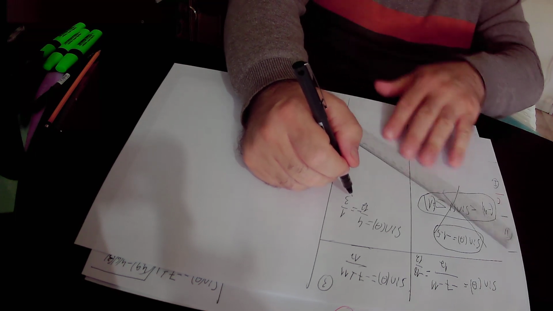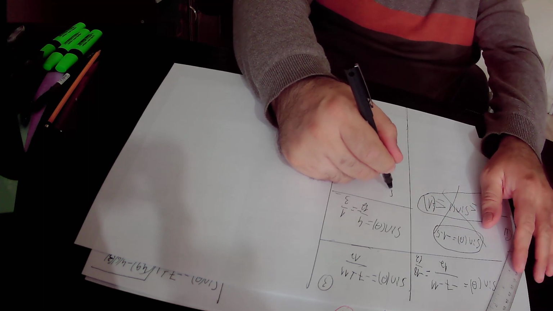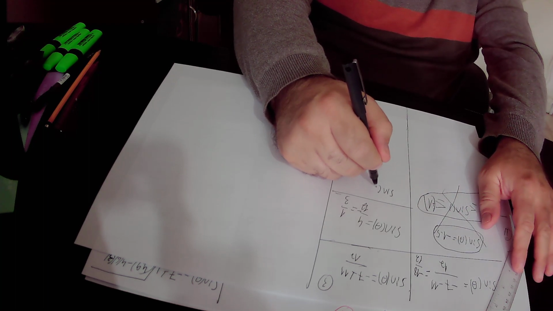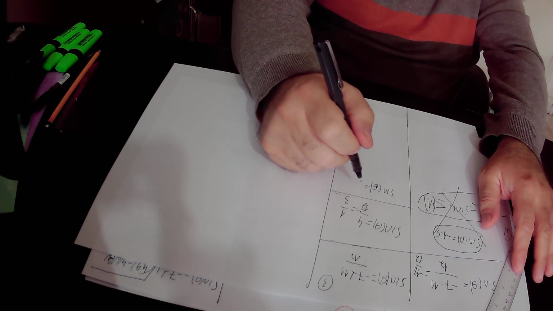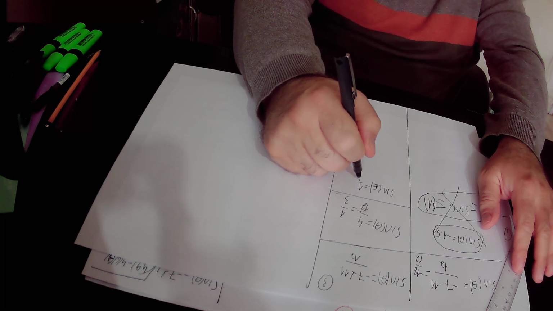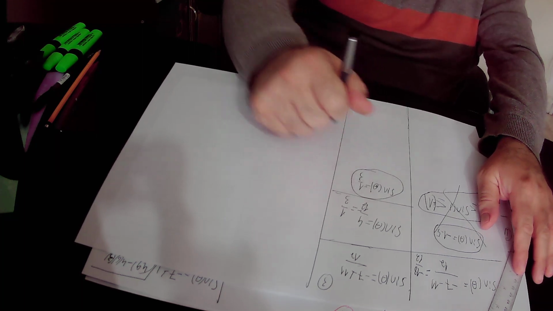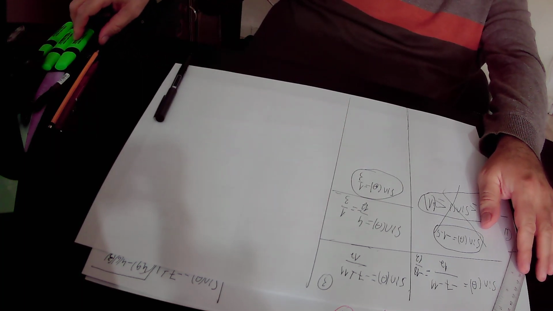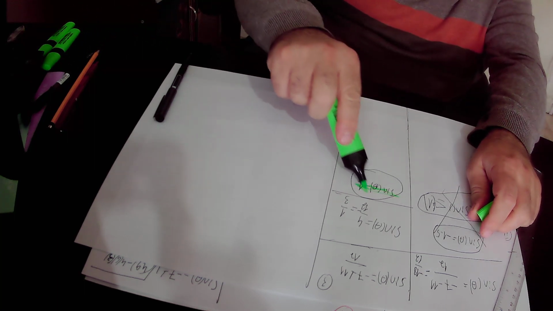So in conclusion, we found out that sine theta is equal to 1 over 3.